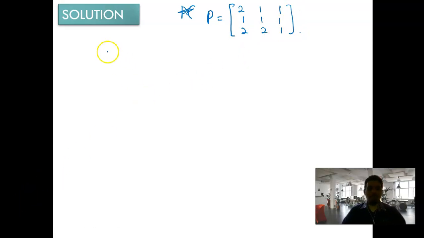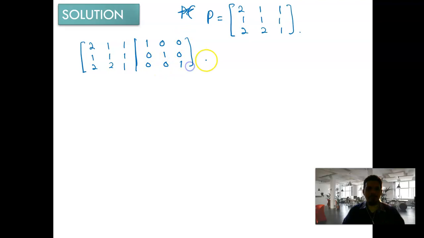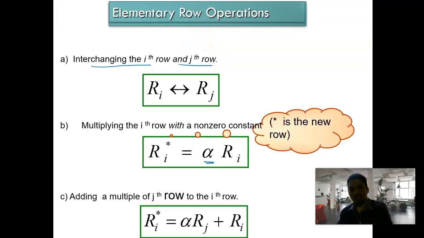Firstly, we write down the matrix of P on the left side: 2, 1, 1, 1, 1, 1, 2, 2, 1. And the identity matrix on the right: 1, 0, 0, 0, 1, 0, 0, 0, 1.